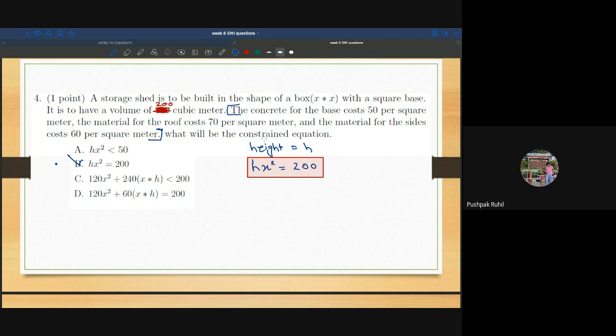So the next thing that they have given us is, I'll write it down because it would be required in the next question. The concrete for the base costs 50 per square meter. For the roof, it would be rupees 70 per meter square.